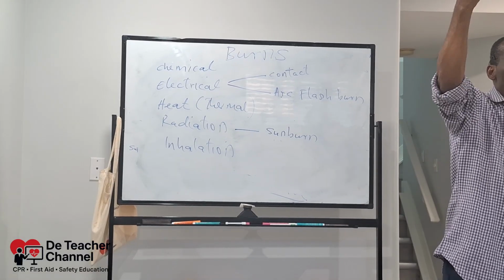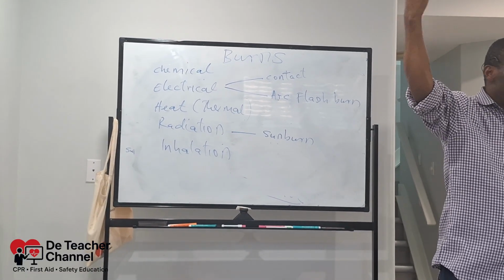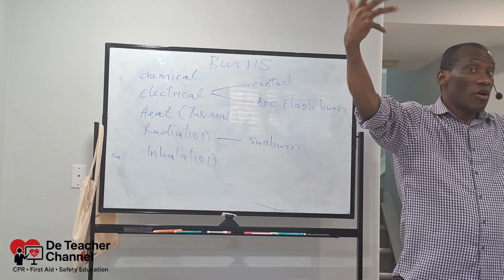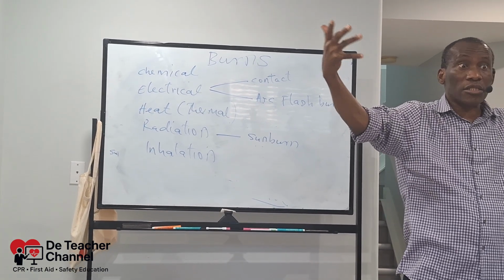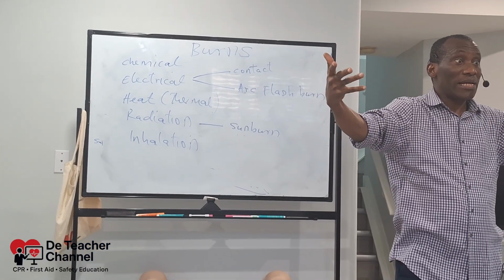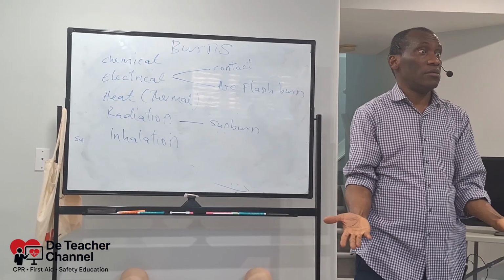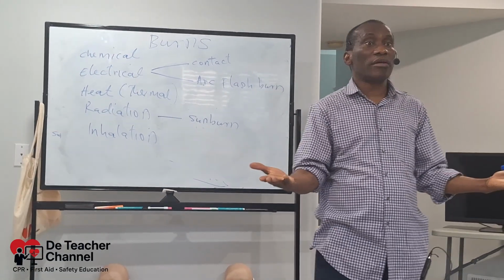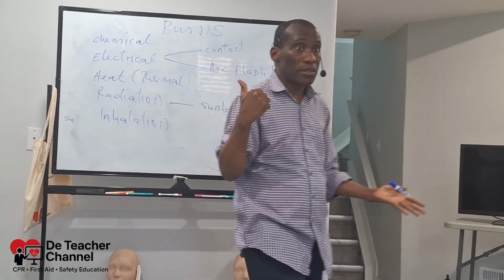That type of charge that comes from a thunder strike, thunderstorm, stuff like that, it can actually kill. That is electrical in nature. Some people have even lost their lives as a result of that.